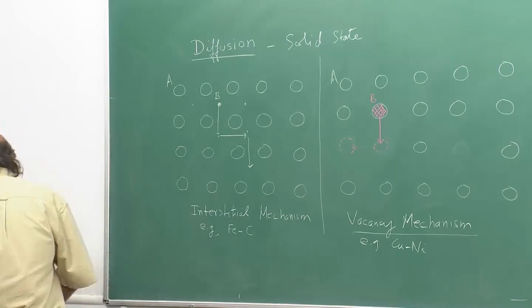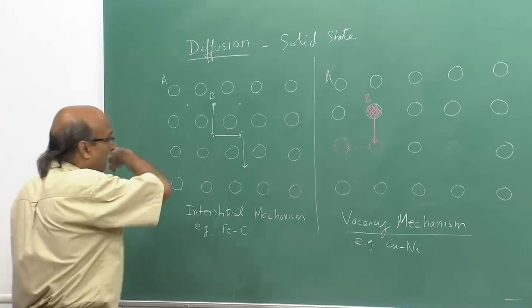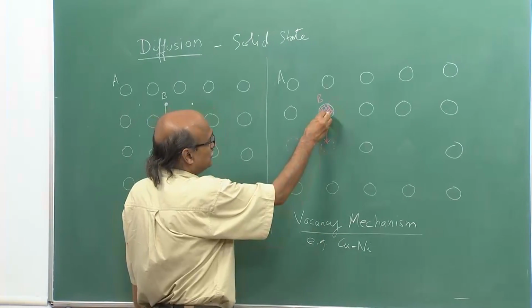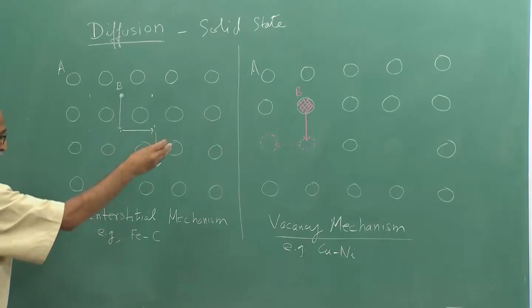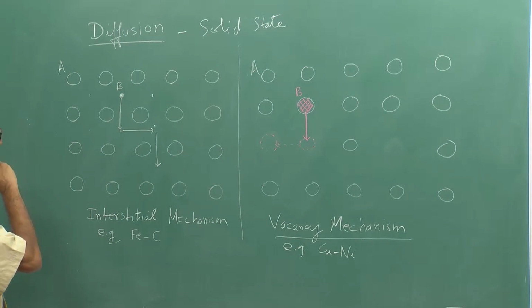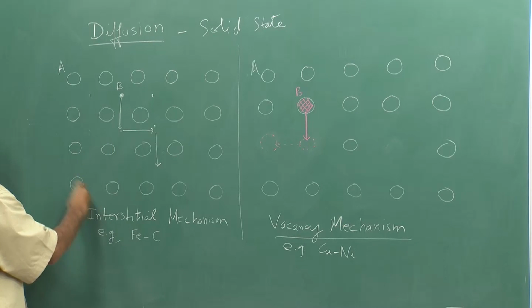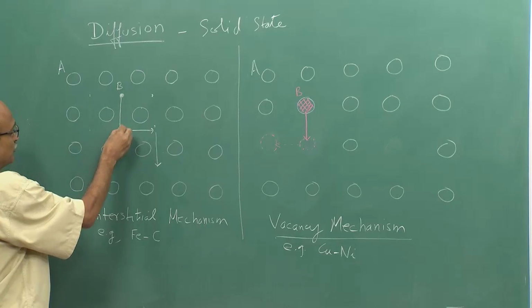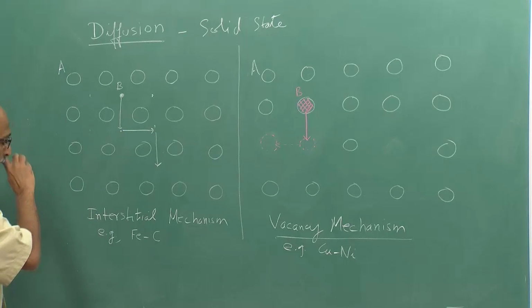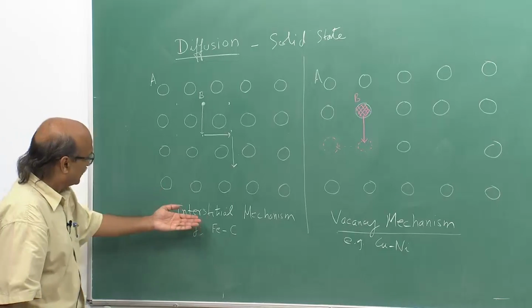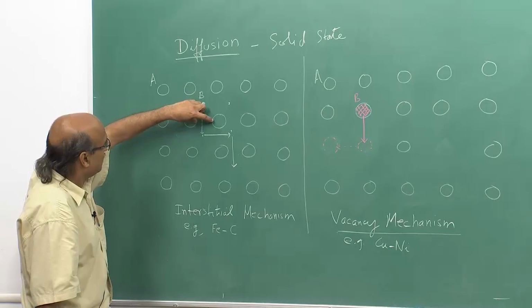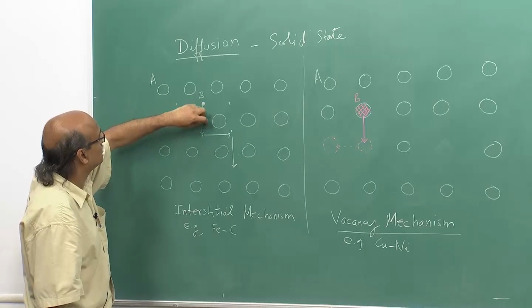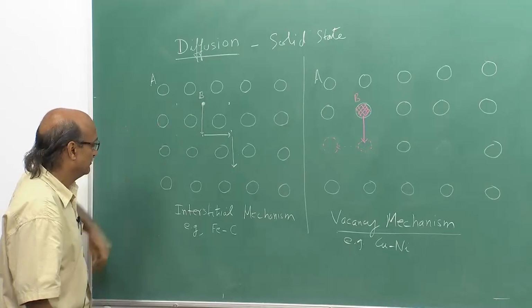But it should be noted that for an atom to jump from this location to a vacant site, in the case of substitutional solid solution and in the case of interstitial solid solution, for a B atom to jump from here to here, one should note, in the case of interstitial solid solution, the gap between these two atoms is actually much smaller than the size of the B atom.